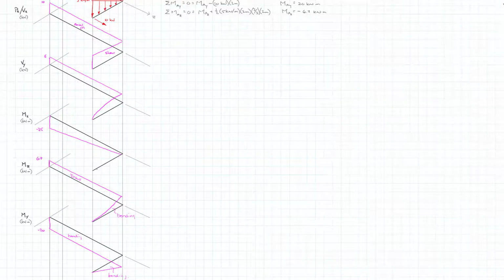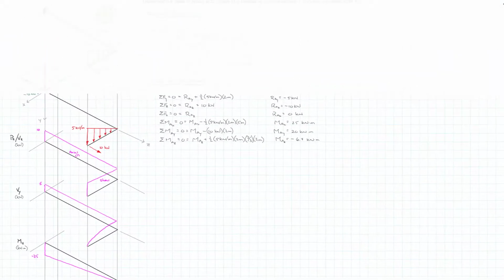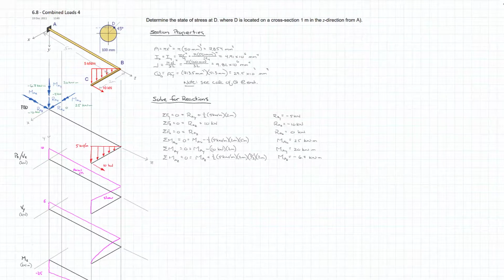Let's go back up. We can come down as required. And now we can start calculating our stresses at D. We're going to start.